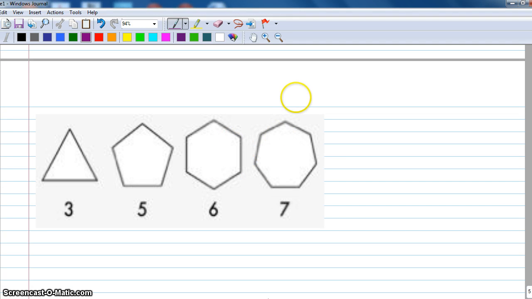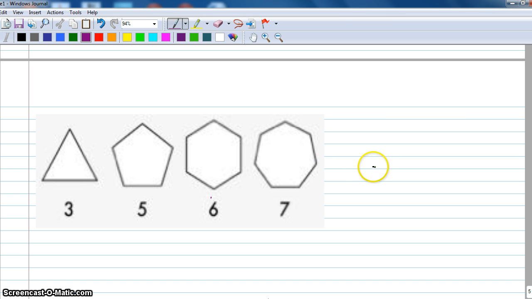Oh, and before I leave, one last thing. For some bonus tomorrow, I'll drop another lowest homework grade if you get it right. So 3 sides is a triangle, 5 sides is a pentagon, 6 sides is a hexagon, 7 is a heptagon. Know that. What happens if we keep on going? 8, 9, 10, 11, 12, 15, 18, 19, 34-gon.